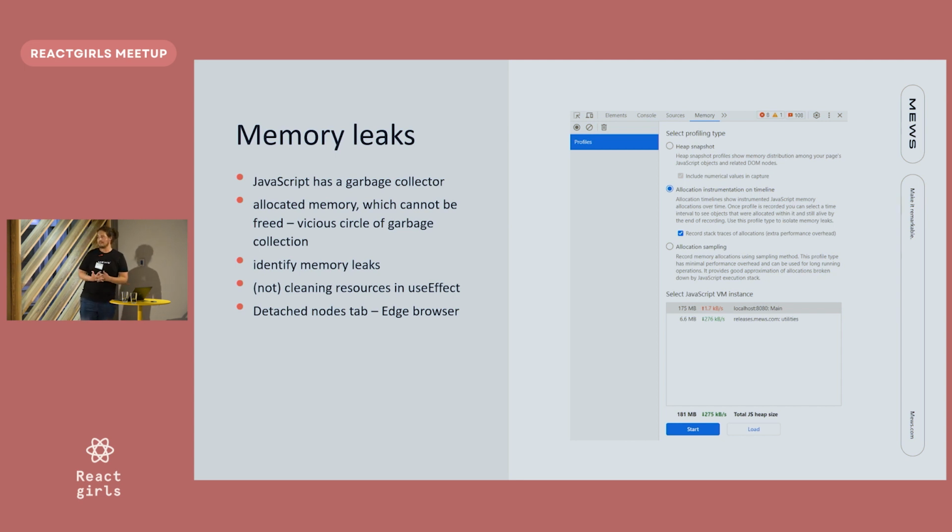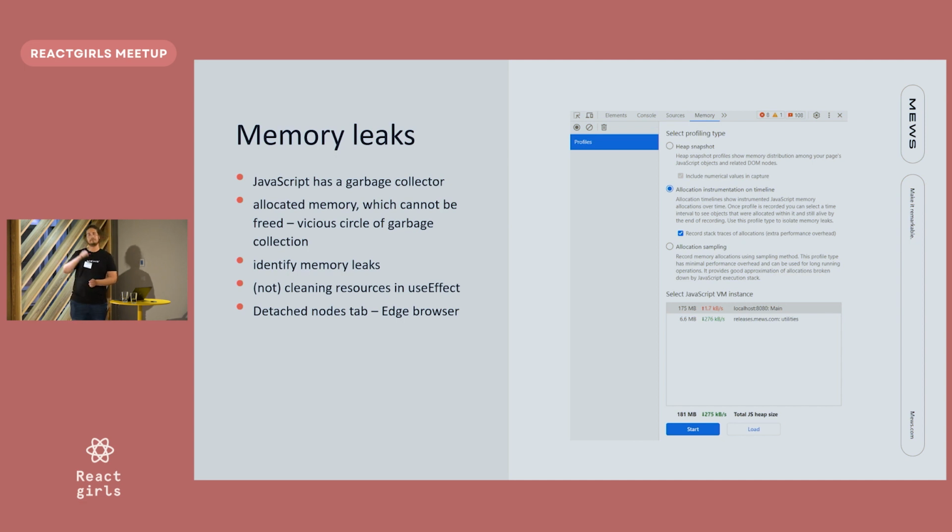How can you identify it? The first thing is to understand when you have a memory leak. It's actually the easiest part. You go to the Chrome DevTools. Again, you go to the memory tab. And you are at the start of your application. You just mess around, do some heavy stuff.